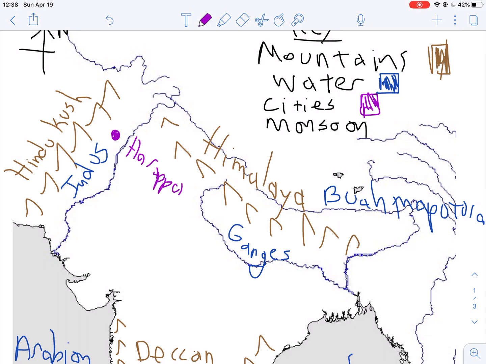And then further down the Indus River is our next city, and that is Mohenjo-daro. And these two are part of the Indus River Valley civilization, and that's going to be one of the first civilizations that we talk about in the subcontinent of India.